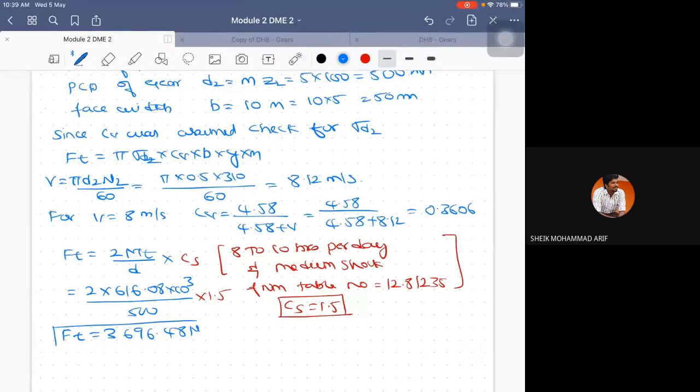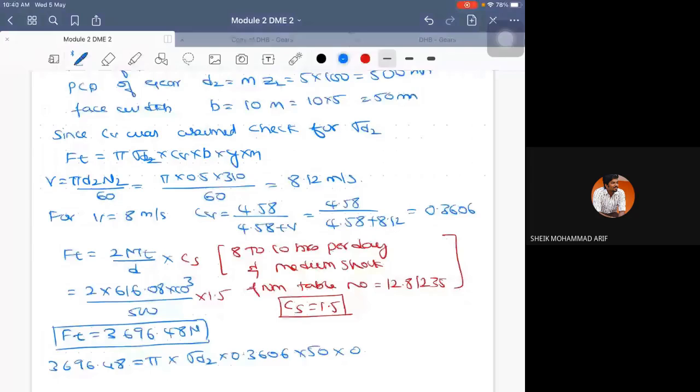Now same thing, if you substitute here, it would be 3696.48 is equals to pi cross sigma D2, that is to be calculated, 0.3606 cross 50 cross 0.1449 cross 5.